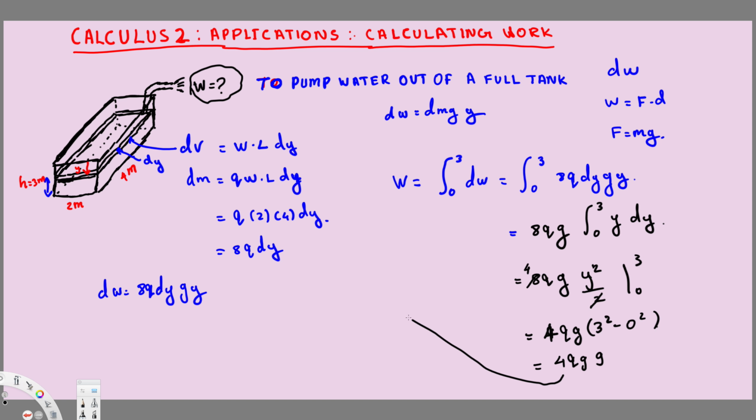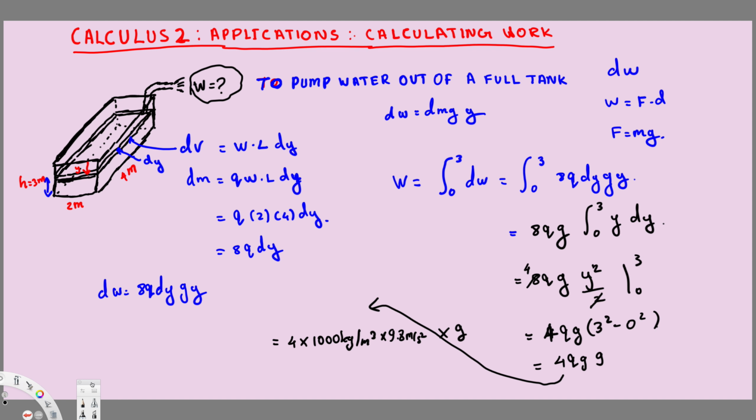Now we can plug in the values. 4 times rho, the density of water, which is 1000 kilograms per meter cubed, times g, acceleration due to gravity, which is 9.8 meters per second squared, times 9.